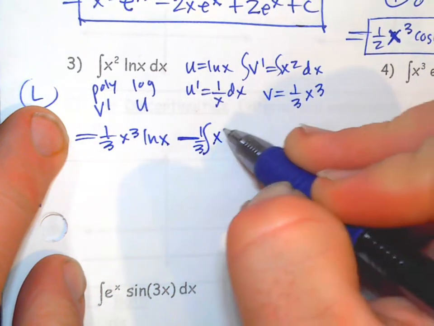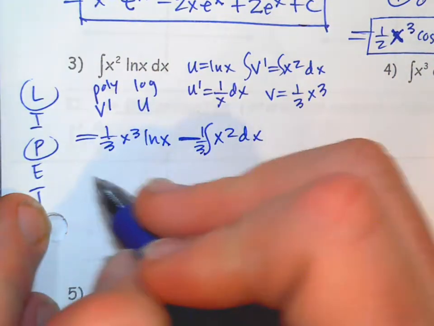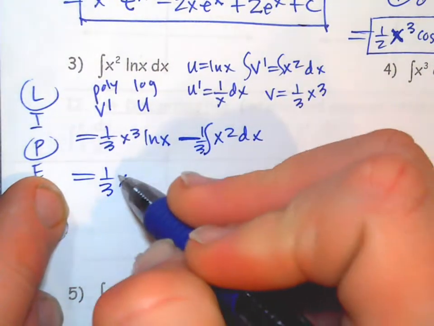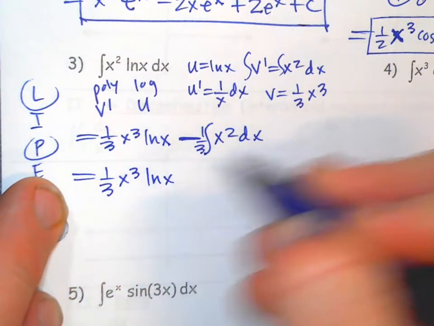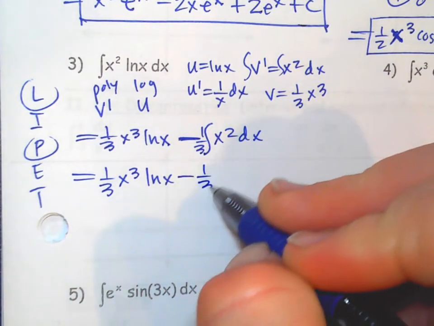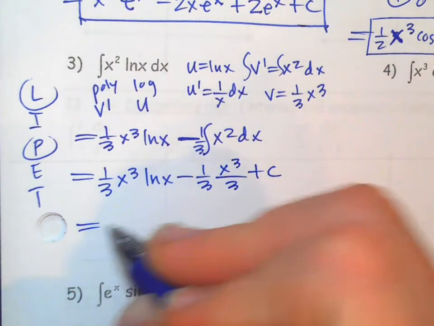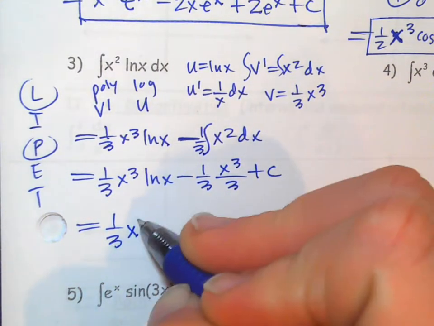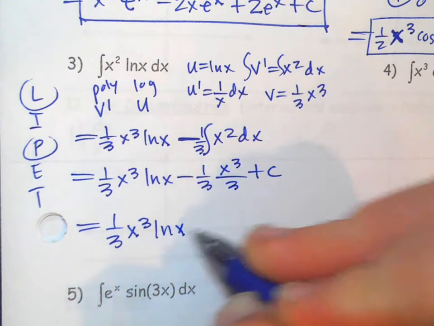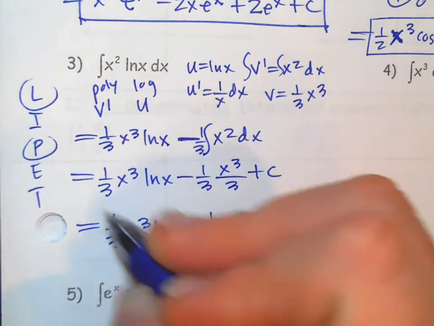It's going to end up being x squared, right? 1/x times x cubed. The idea here is that this new integral is now something that you can integrate. So it's going to be x cubed over 3 plus c. Let's write it nicely. 1/3 x cubed natural log of x minus 1/9 x cubed plus c.